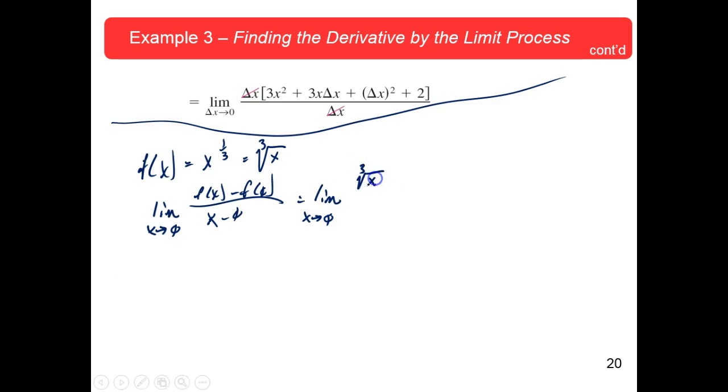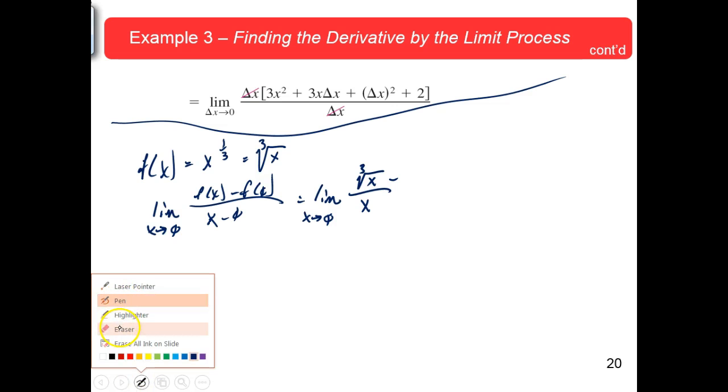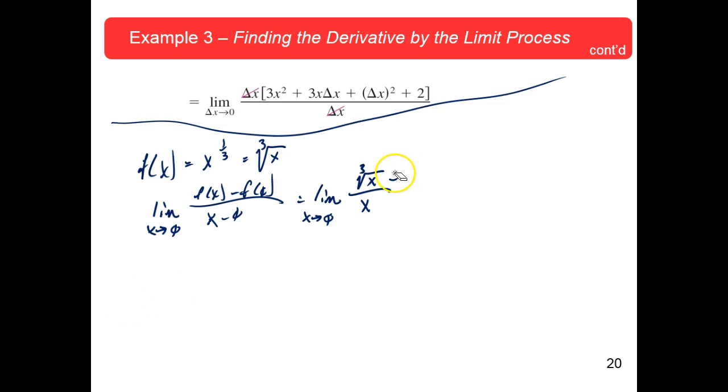Minus, what's the cube root of 0? 0. So that's that over x. Now, it's indeterminate.